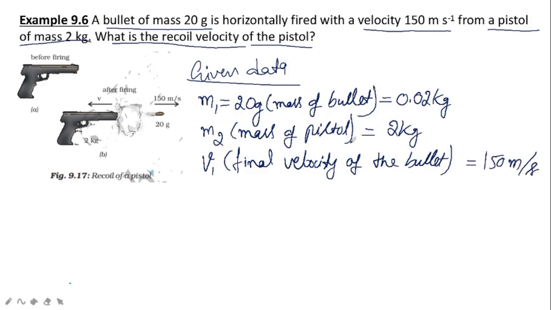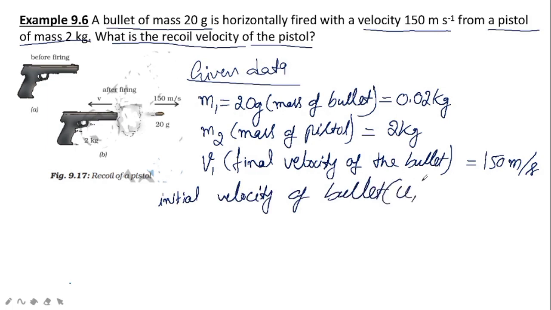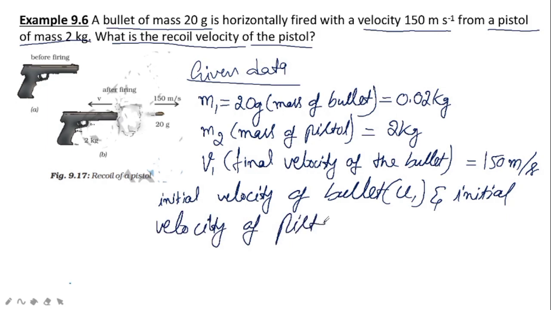And then did they give any initial velocity here? Yes, that is the initial velocity of the bullet, which we will take as u1, and the initial velocity of the pistol is equal to 0, which we will take as u2, right?